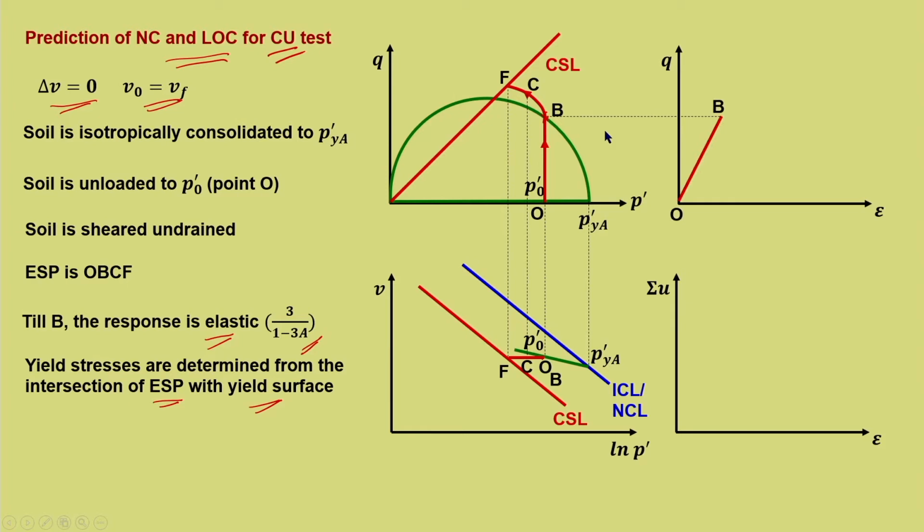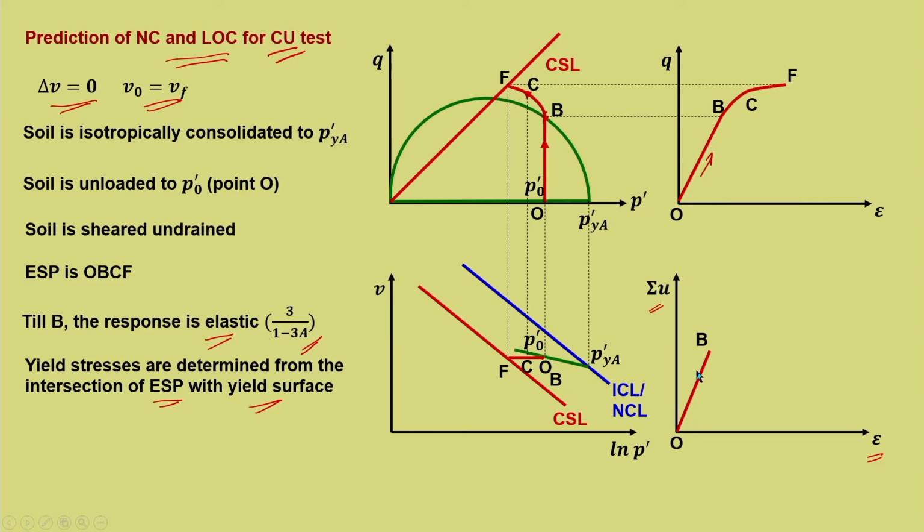Now, up to B, you can see that this is the linear response. Here also the pore water generation is a smaller response because it is an elastic loading. The pore water pressure generation is also more or less linear.